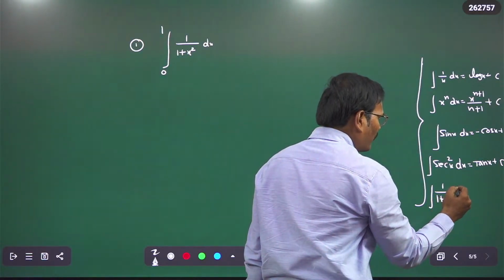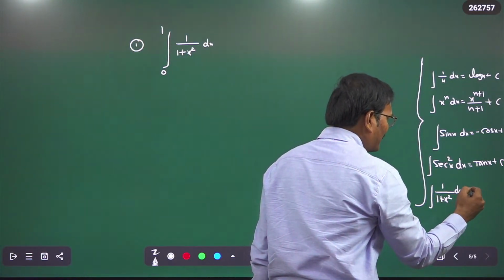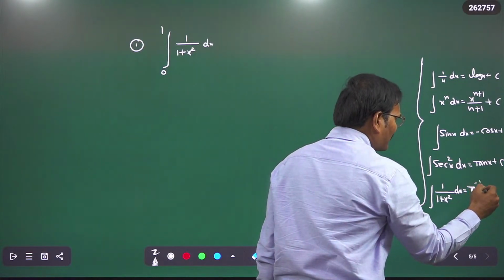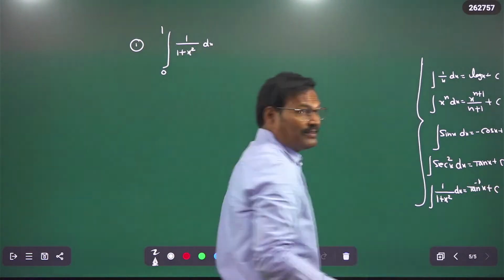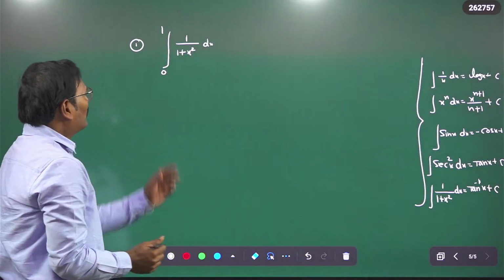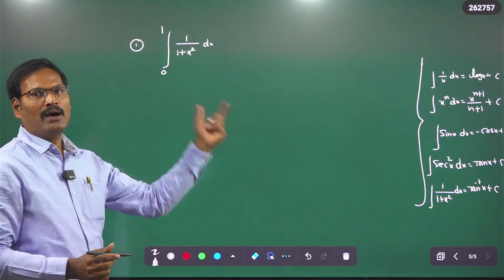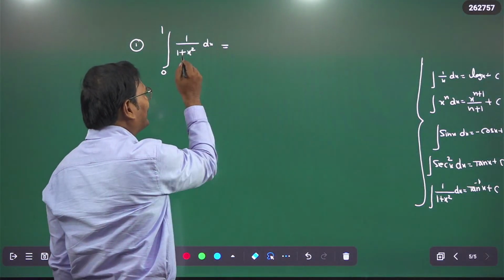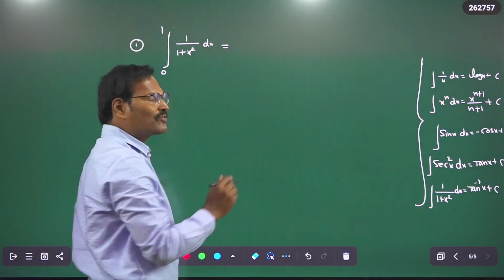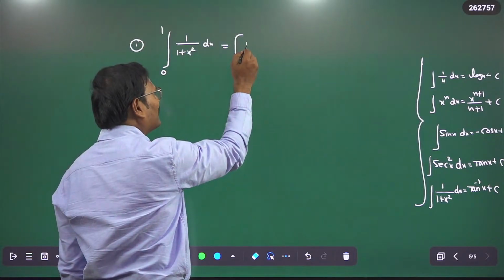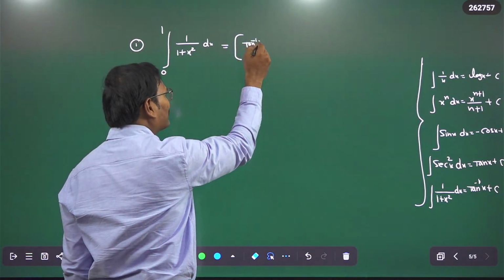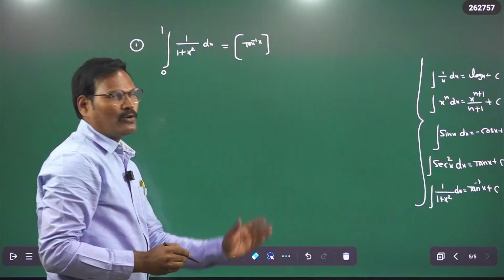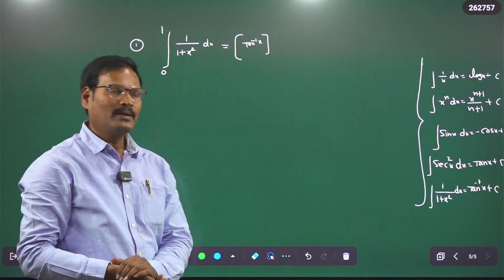Integral 1 by 1 plus x square dx is equal to tan inverse x plus c. Is it right? Yes or no? Okay. So now I am using that formula to evaluate this definite integral. I already told you, forget about that c.